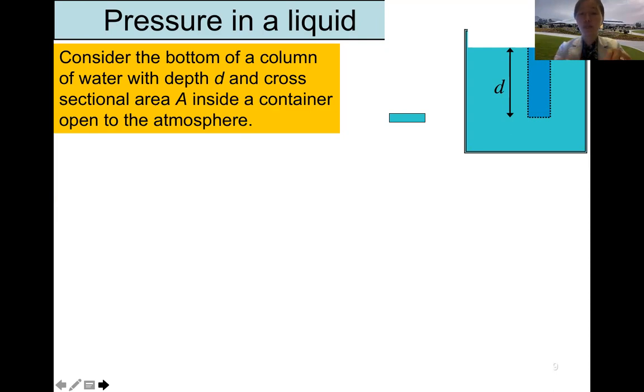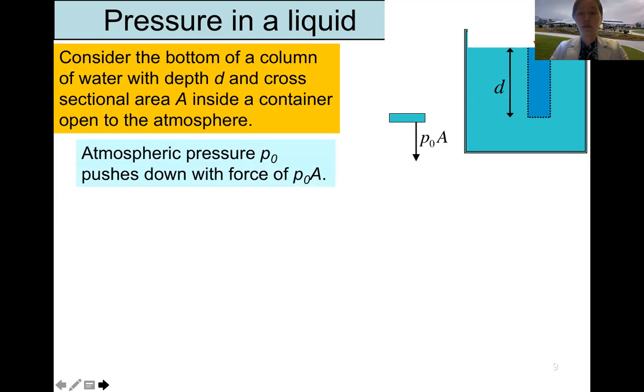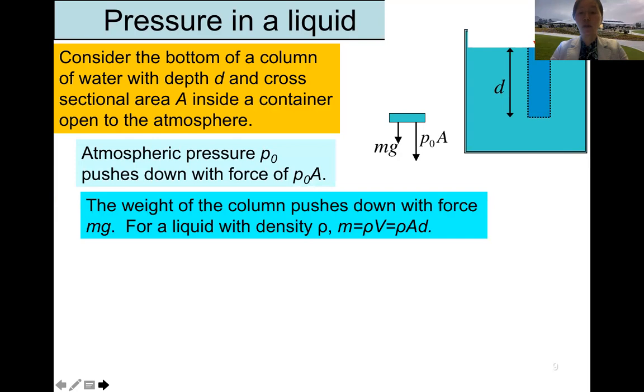How do you convert that to force? Force is pressure times area. So if you're looking at a particular cross section of A, then that force is going to be P naught times A. So that is the force from the atmosphere. You have your gravity as well. Both of these are pushing down: gravity going down, atmosphere pushing down.